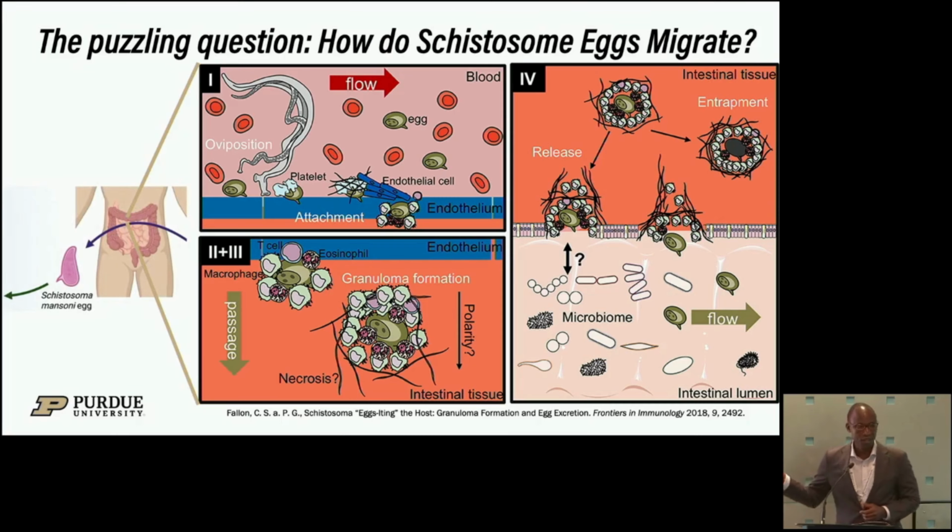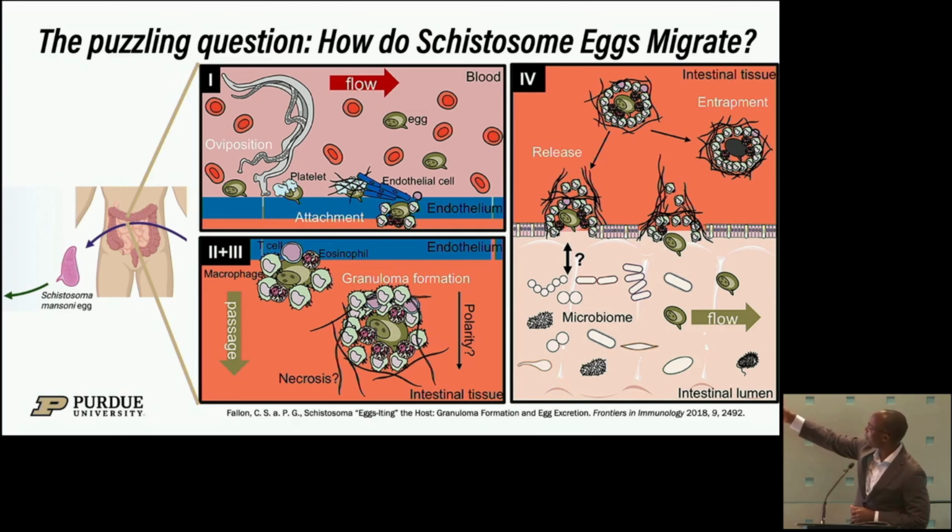So this is just a highlight of what happens during the infection process itself. We're looking at the migration of the eggs through the host tissues. We start with the eggs laid in the intestinal tissues. You will see them penetrating the endothelium, going through to make the granuloma, and then they are released.